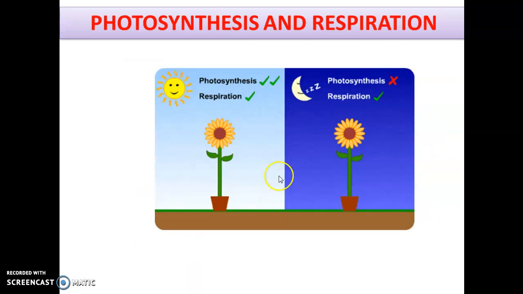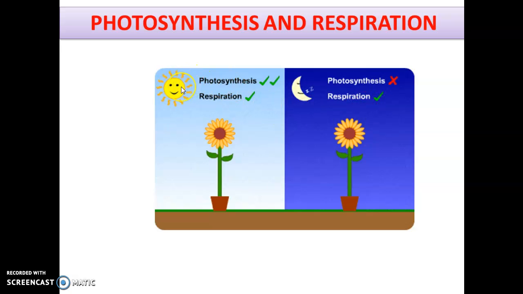Next, if you compare photosynthesis and respiration again, respiration will occur day and night, while photosynthesis occurs only during the daytime, because the process of photosynthesis occurs only in the presence of sunlight, and the process of respiration doesn't depend upon the presence or absence of sunlight.